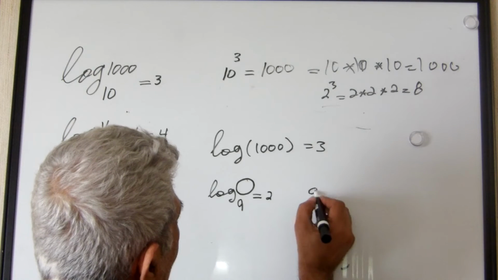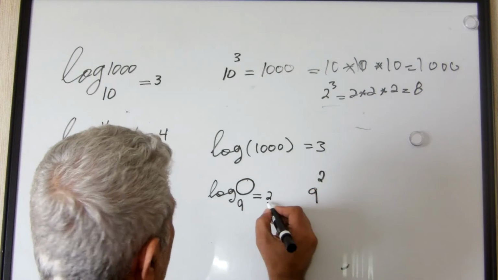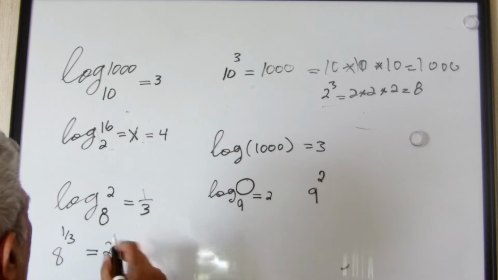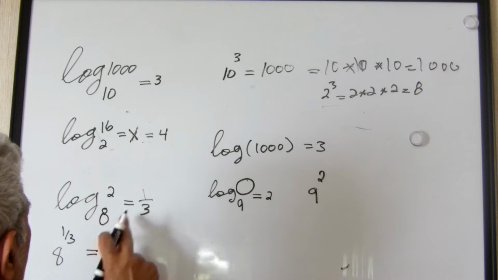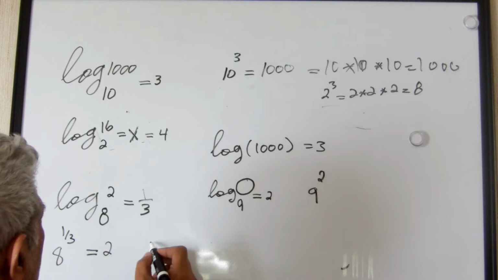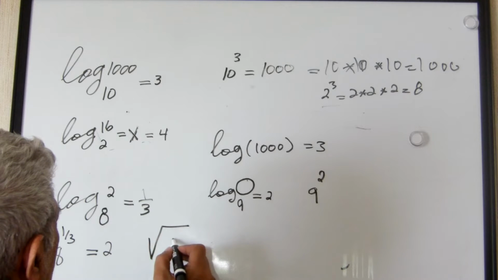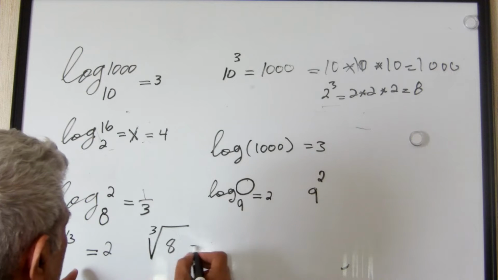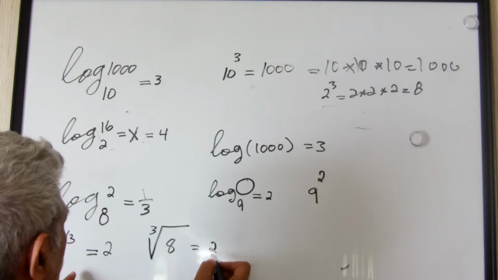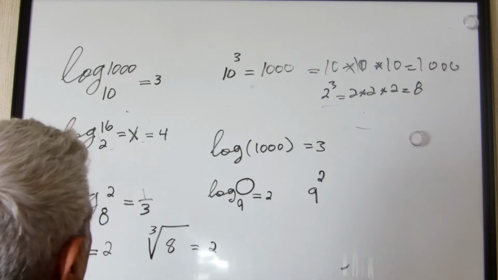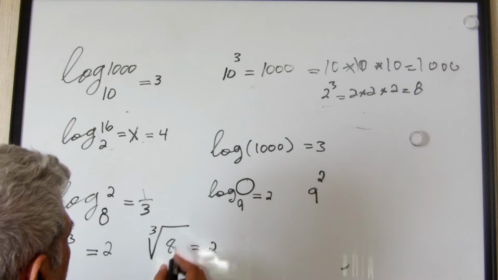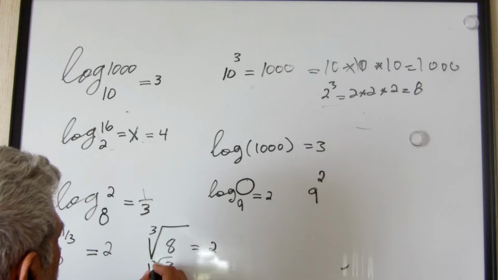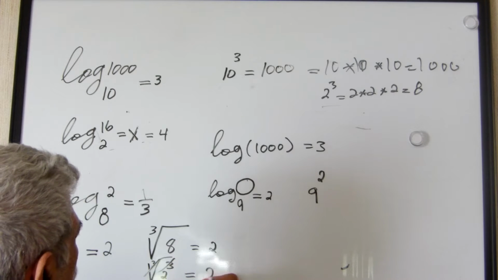We say 9 to the power of 2, as we did here: 2 to the power of 4 is going to be 16. 8 to the power of 1/3, is it going to be 2? Actually, we can write 8 as 2 to the power of 3, and the 3 cancels out, and it's going to be 2.